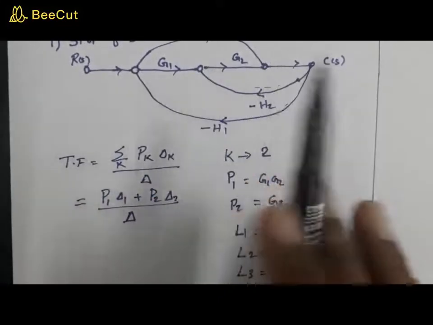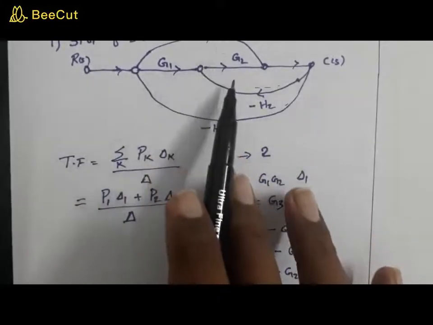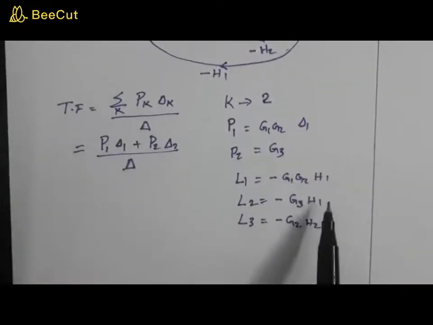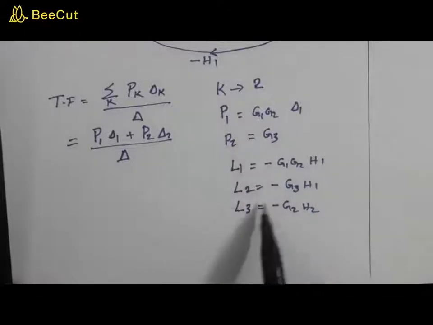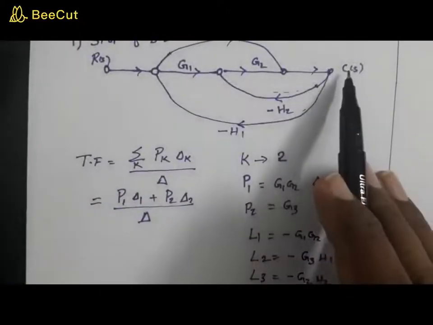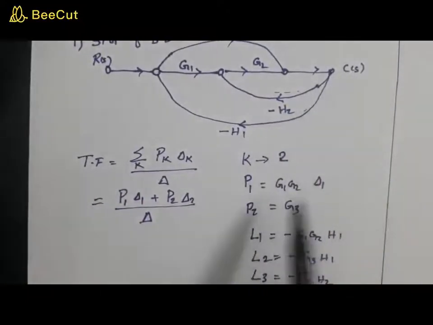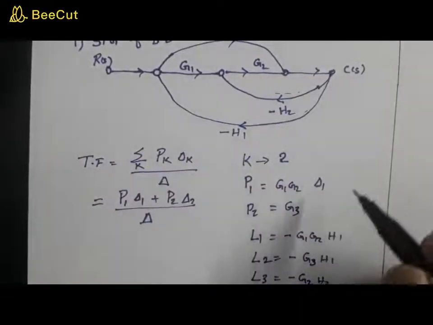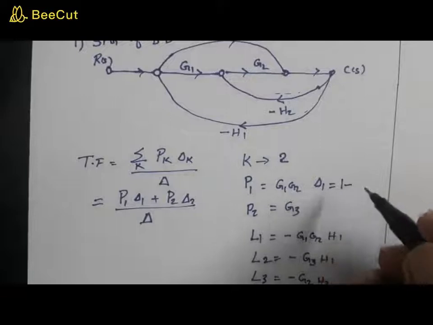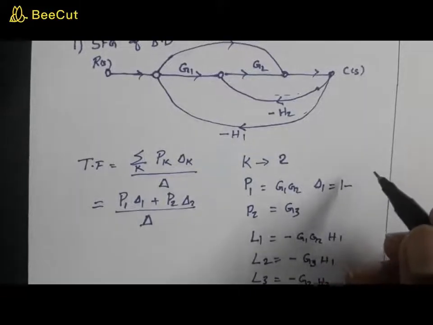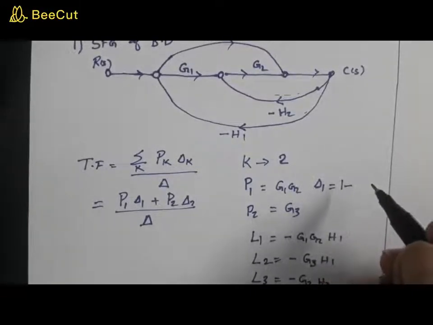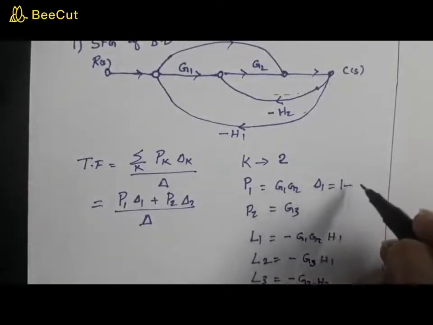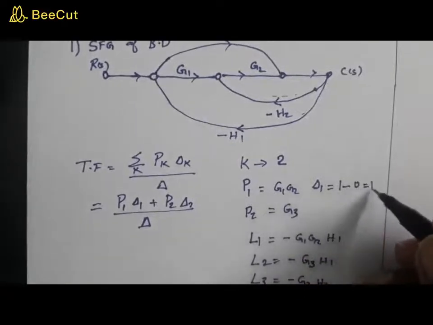Once it gets removed, all these loops are touching this path P1, and hence there are no loops which are independent of path 1. Therefore the rest is 1 minus the number of non-touching loops on this path 1. So this is going to be 1 minus 0, which is equal to 1.